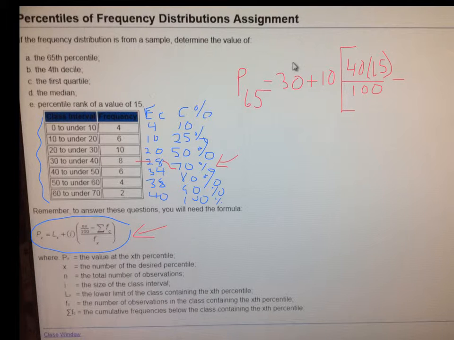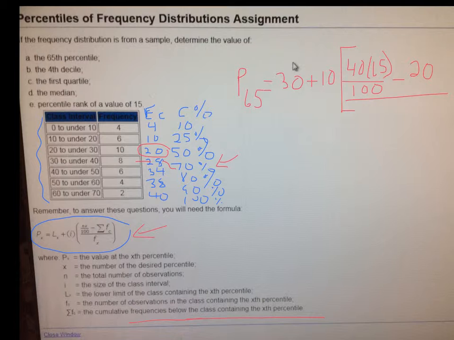We're going to subtract the sum of the cumulative frequency from that, which is 20, because that's the cumulative frequency in the class below the class containing the x percentile. And so we're actually looking one row above, and that's why we end up with 20 there.